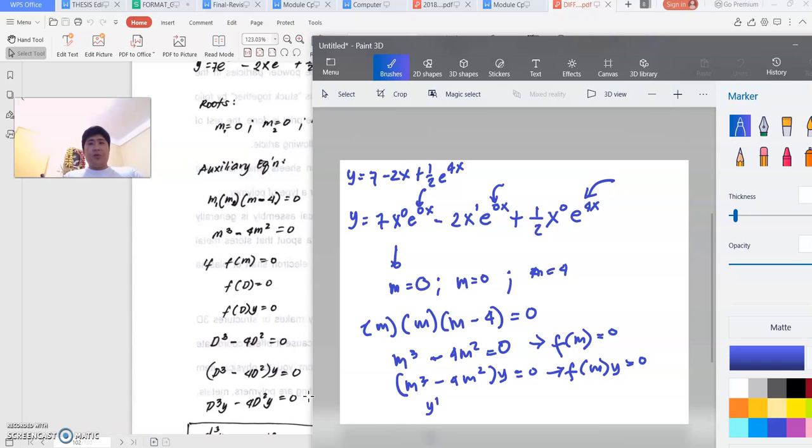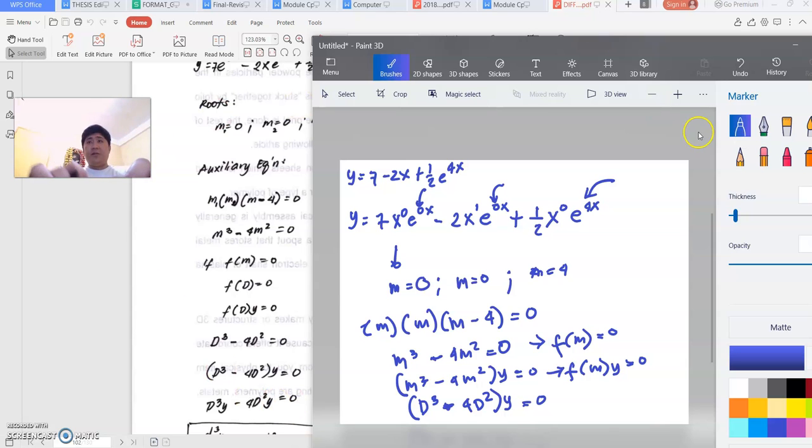So our equation is y triple prime minus 4 double prime. Okay, sorry. This is m, so it becomes D. So that is D cubed times y, minus 4D squared y equals 0.